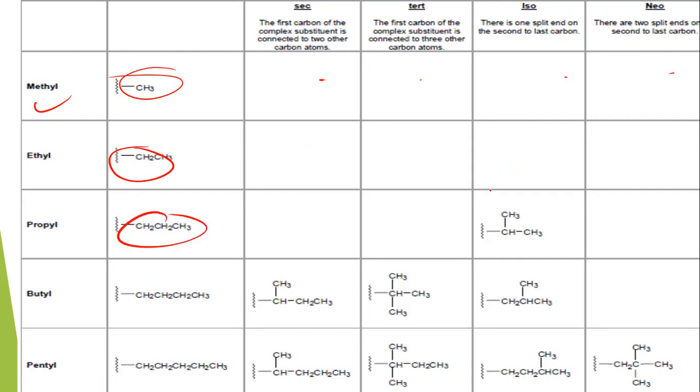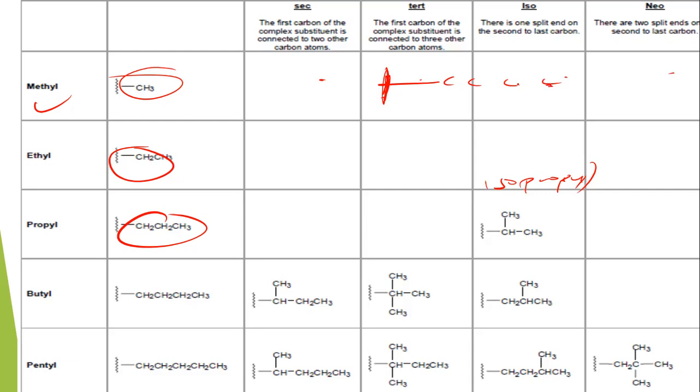Now there's another thing like isopropyl. Right? Now, if I see iso, it means there is a split at the end, on the second to last carbon. So assuming I have, let's say, 5 carbons, right? This is where it is attached to the parent chain. This is a substituent, and there's a split on the second to last.